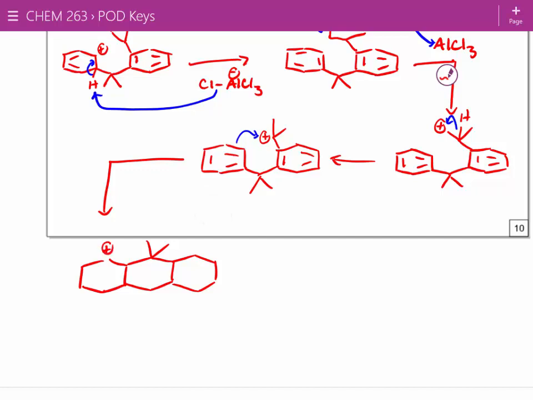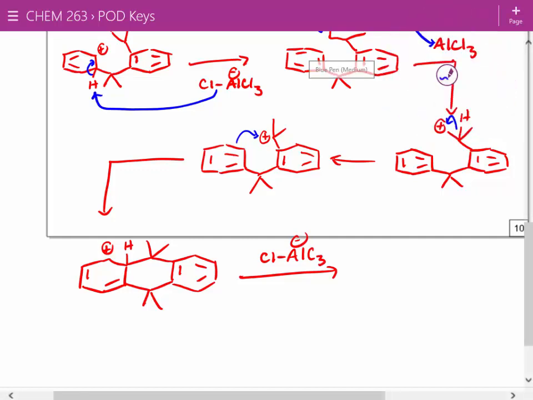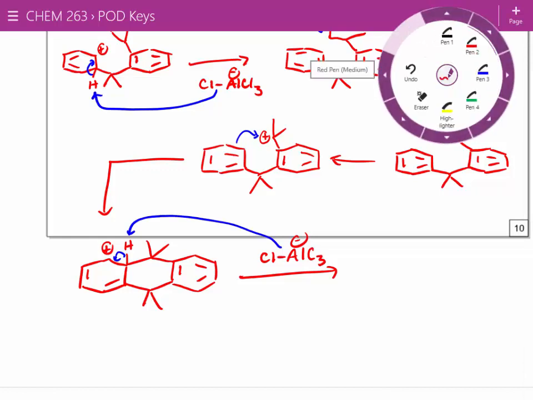You still have 2 mechanisms on the bottom. I know, I'm trying to fill it all in. We've got bonds here. We've got a hydrogen here. And then the very last step will be our aluminum tetrachloride. It will come, grab this proton, clamp down, and restore aromaticity.